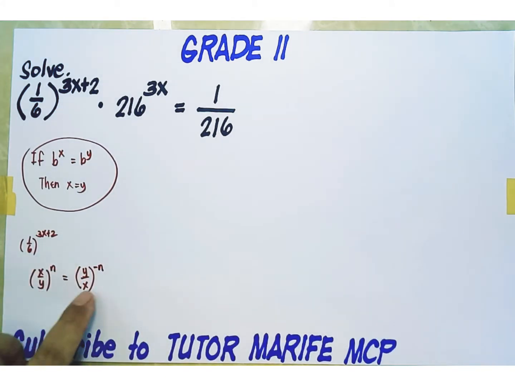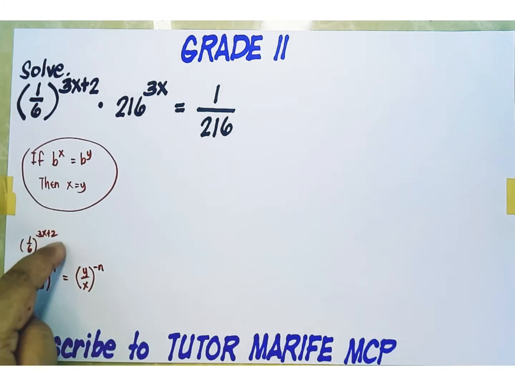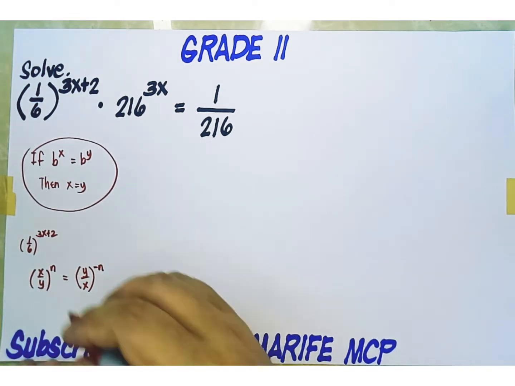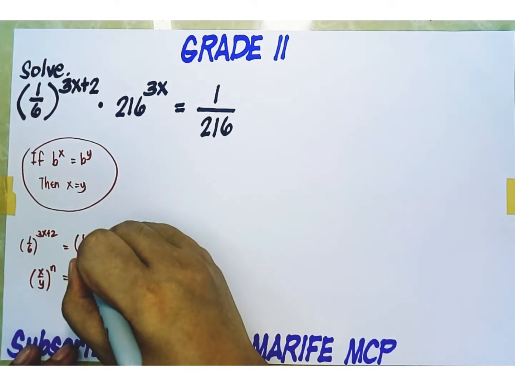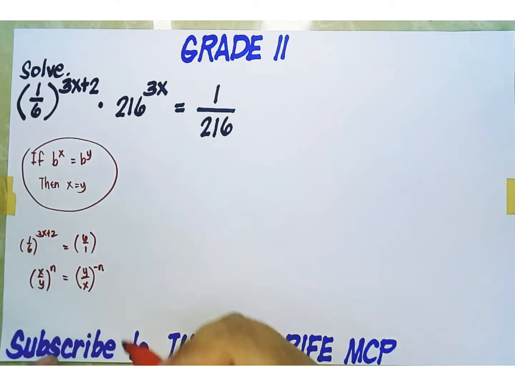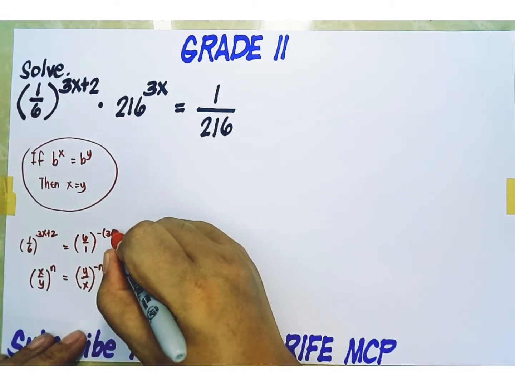Let's apply this basic property of exponent into the first exponential expression on the left side. Our fractional base is 1/6. Take the reciprocal of 1/6, it's equal to 6 over 1. The given exponent is 3x plus 2. Opposite of 3x plus 2 is negative of 3x plus 2.